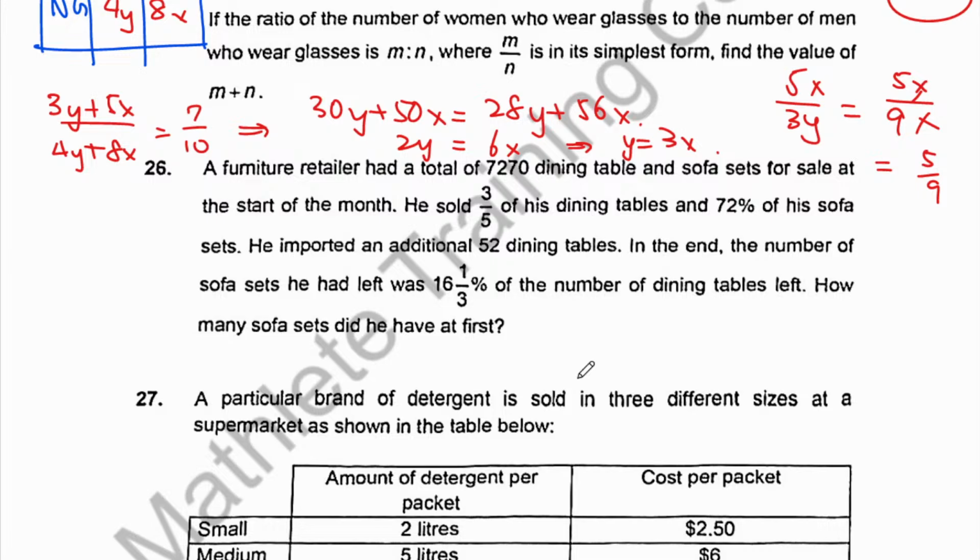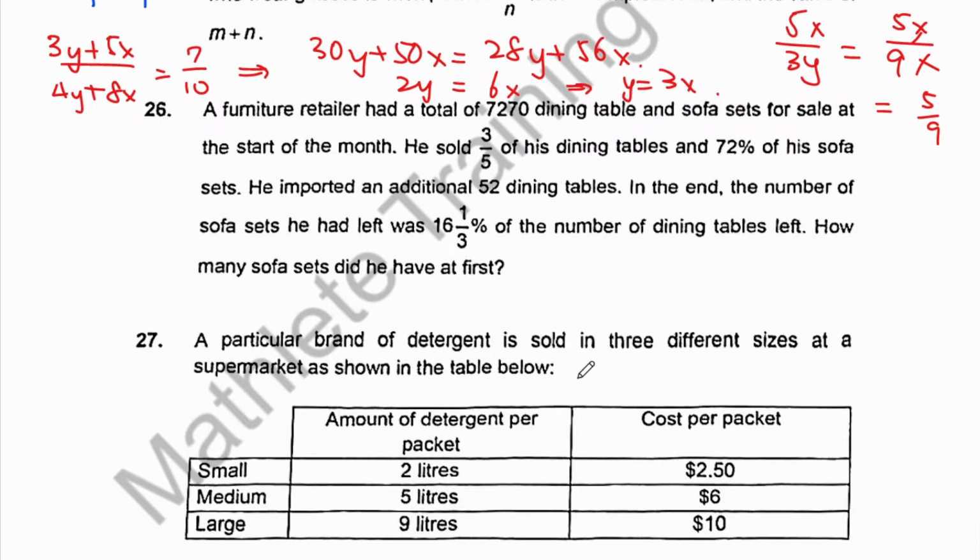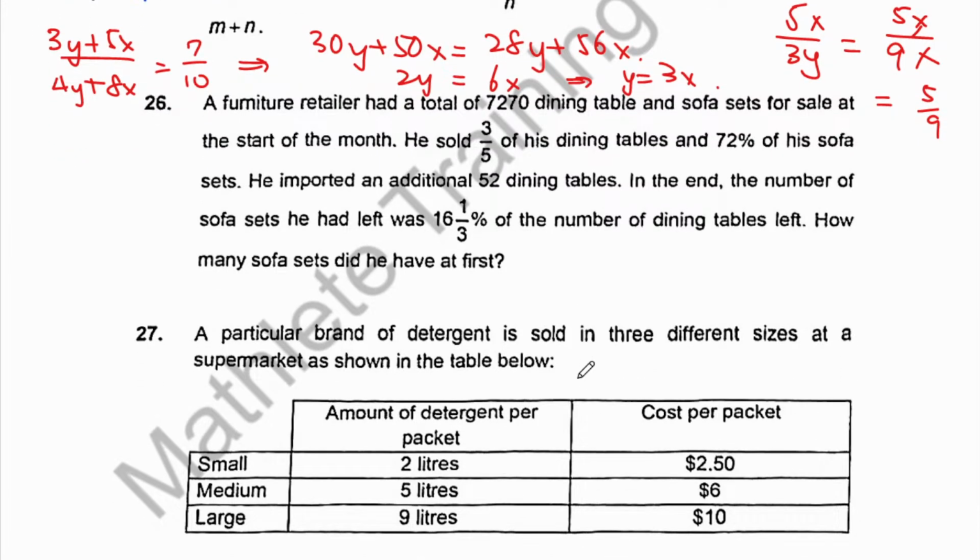Okay, question 26. A furniture retailer had a total of 7270 dining tables and sofa sets. He sold 3/5 of his dining tables and 72% of the sofa sets.